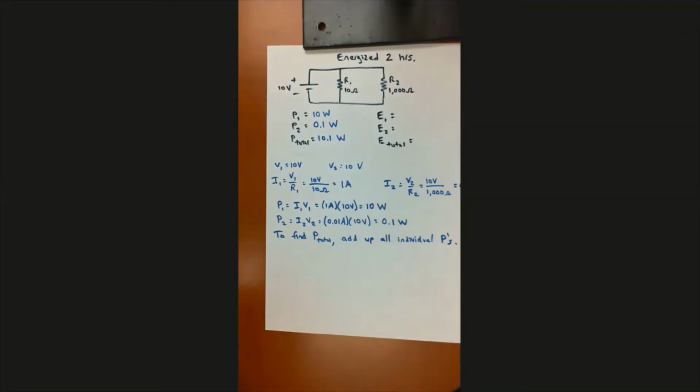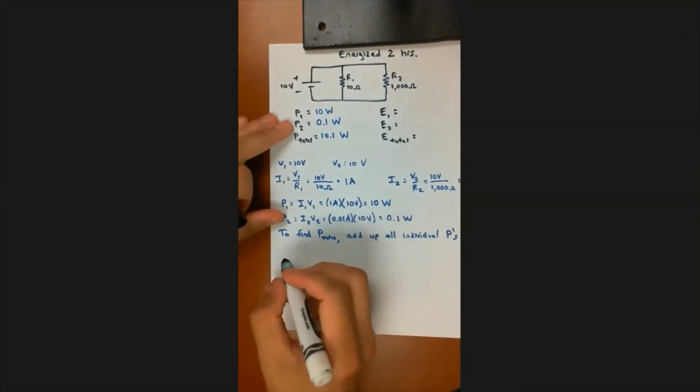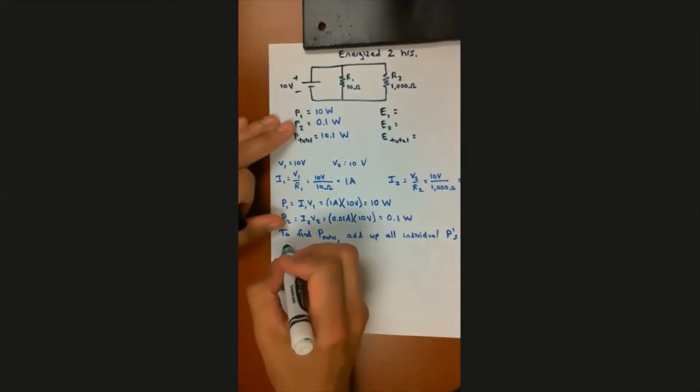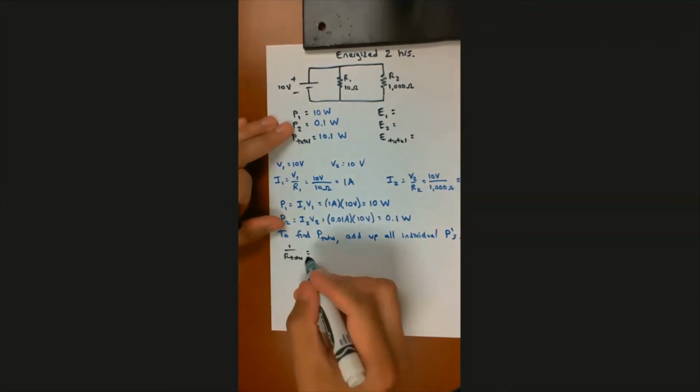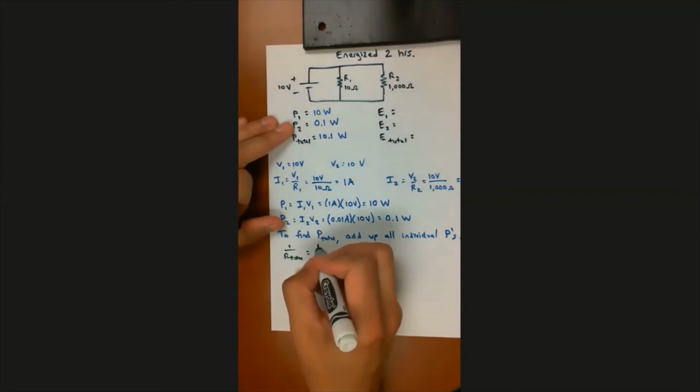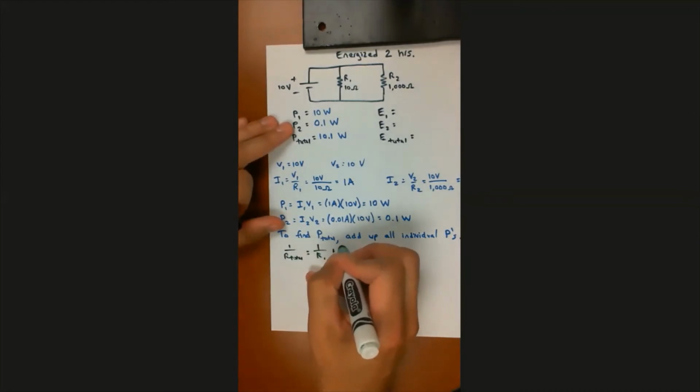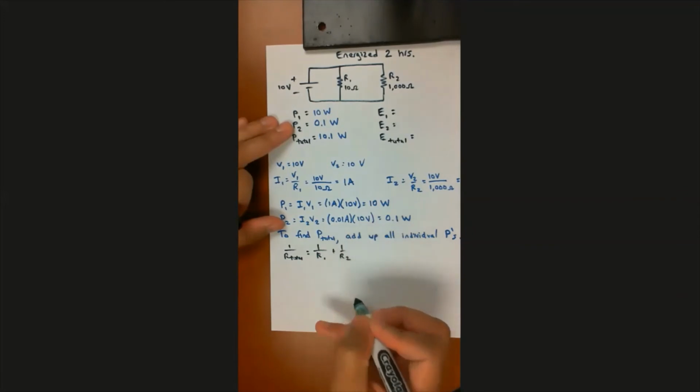All right, so let's do it. Let's find R total. So 1 over R total equals 1 over R1 plus 1 over R2.